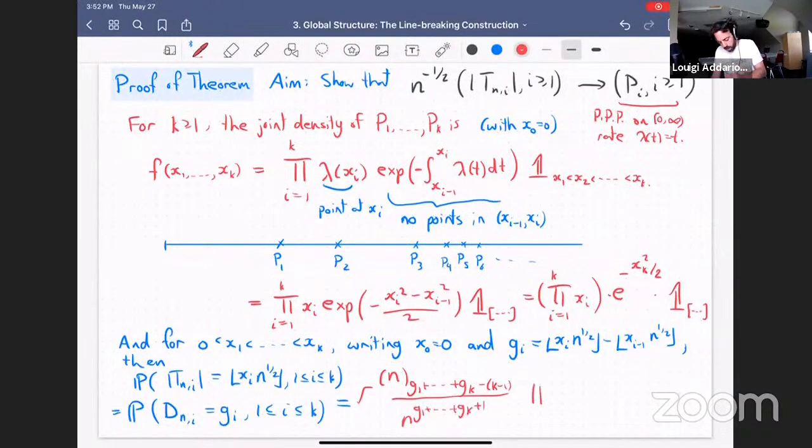So we had that ratio, and then we had a product, j from 1 to k, of g1 plus gj minus j minus 1.